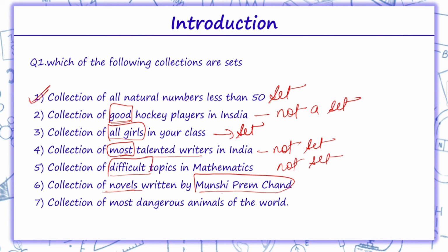The novels which are written by Munshi Premchand, we can collect them, we can count them, so it is well defined basically. Most dangerous animal, again most dangerous, according to me maybe cockroach is most dangerous, and someone else maybe does not like dogs. So most dangerous animal is not a well-defined term, so it is not a set.